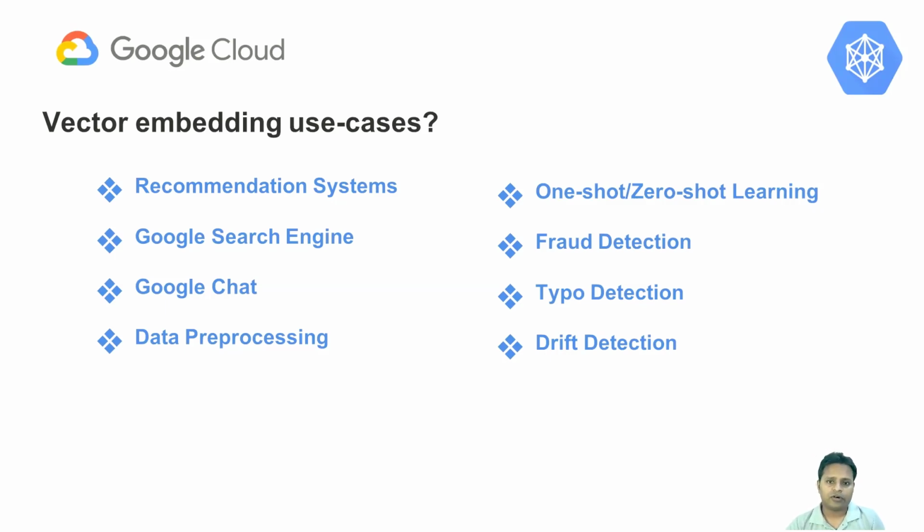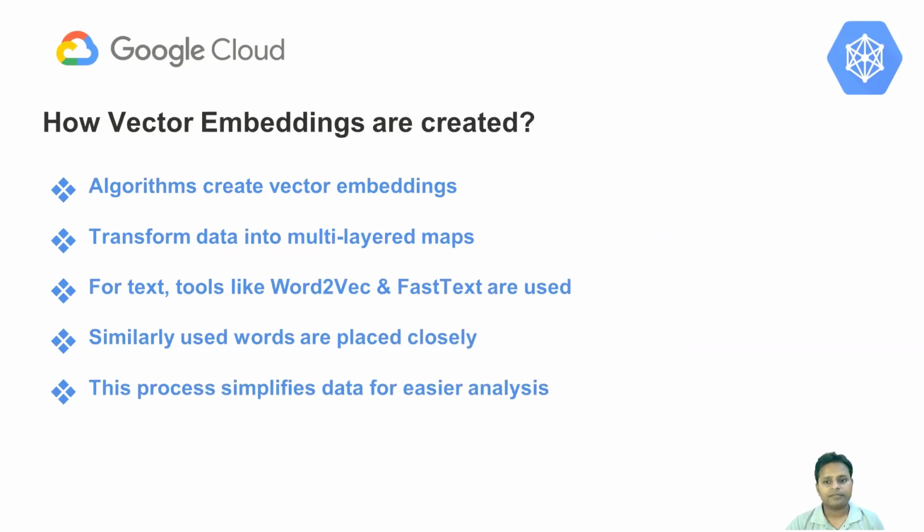Okay, so now we have understood what vector embeddings are and what their use cases are. Now let's see how these vector embeddings are created. I try to summarize it a bit. Vector embeddings can be created using pre-trained models or by developing your own models.